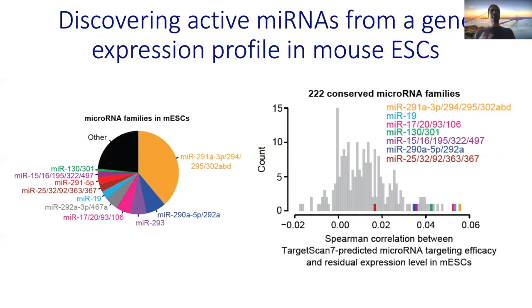And I looked at the Spearman correlation between these predictions as well as the residuals from my work. And I found a group of microRNAs that had the very highest Spearman correlation. It turned out that these microRNAs that had the highest correlation of them all corresponded to the most abundant families in mouse embryonic stem cells. And we could see that for the greatest outliers of the Spearman correlation histogram distribution.